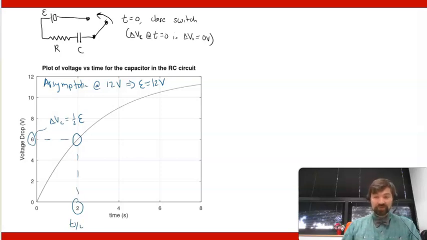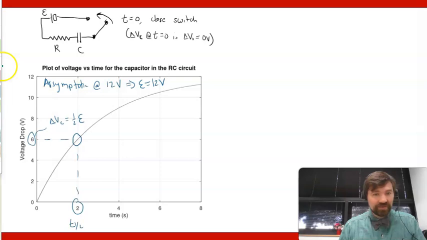Now, the quarter life basically means that I need to get halfway between this point and the asymptote. That means basically 3/4 of the way there. Well, that would be 9 volts. So this right here, let's actually switch colors, this right here would be 3/4 of the way there, 9 volts.